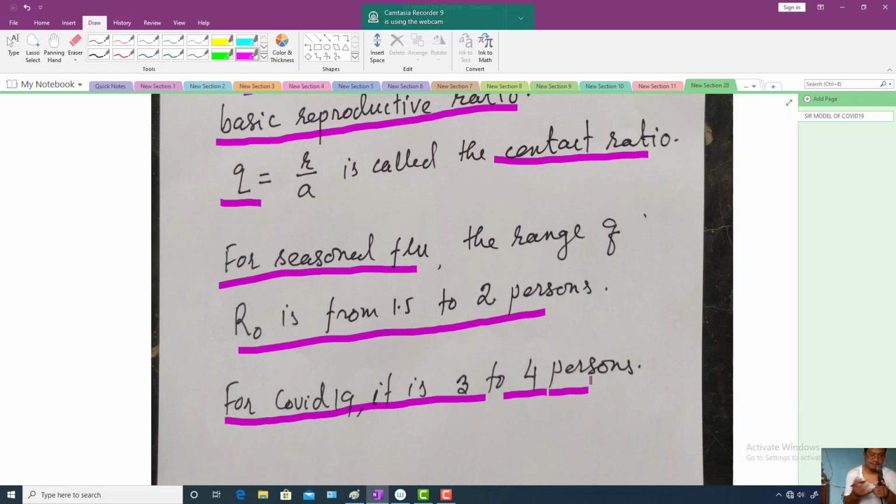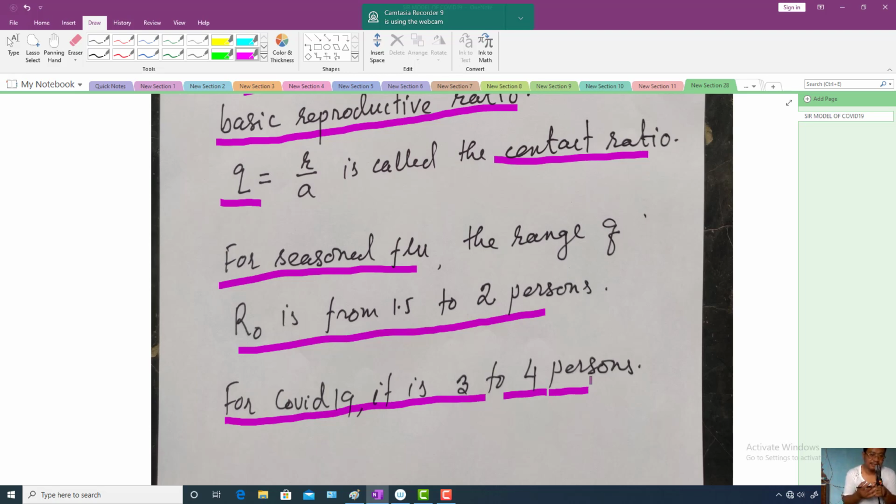Okay, that is coming from the mathematical data and from the data we are having nowadays. In India, earlier there were 10,000 infected people and Delhi had around 400 to 500. Nowadays we have 50,000 to 60,000 infected people, and Delhi has around 3,500 to 4,000.